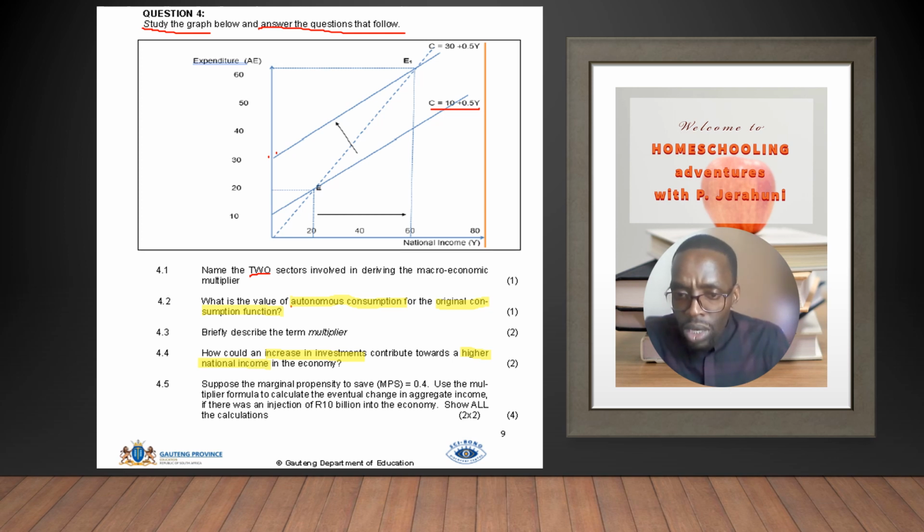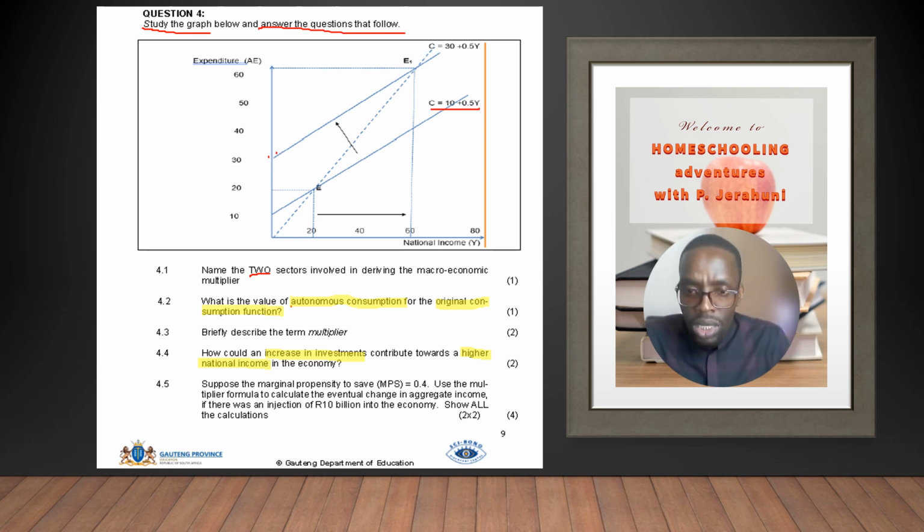You will find that when there's an increase in investment, it creates more jobs. The creation of more jobs results in more income earned by households, who are the owners of factors of production. That income will then have to be spent, so it will eventually result in an increase in aggregate demand.